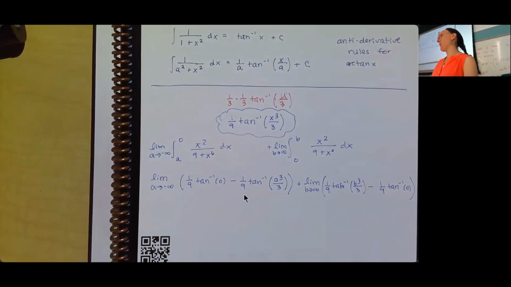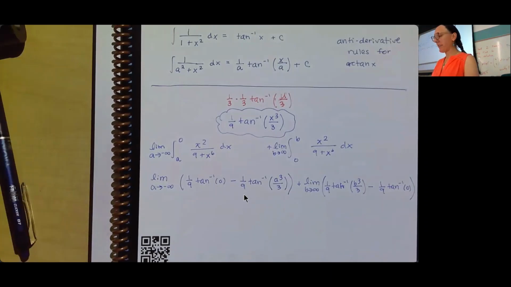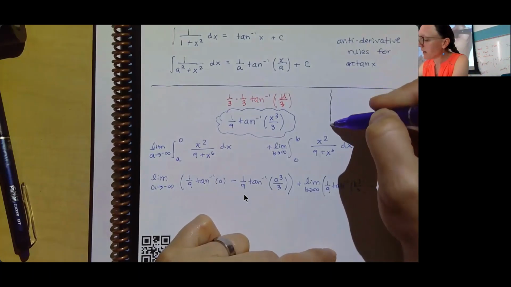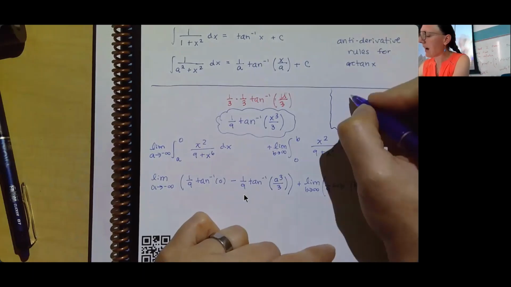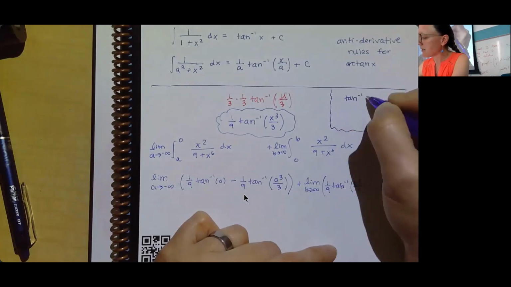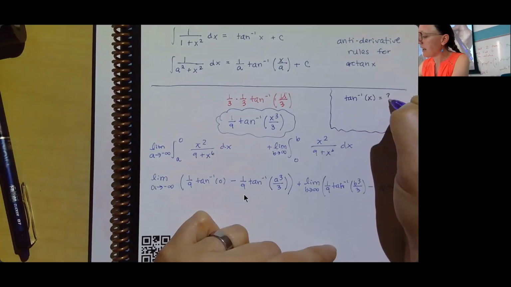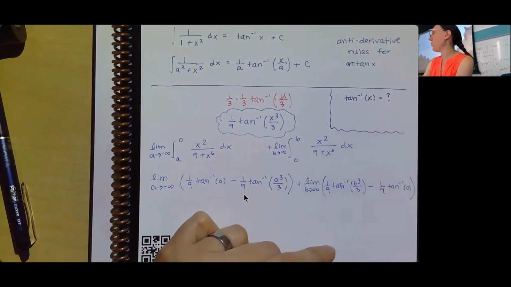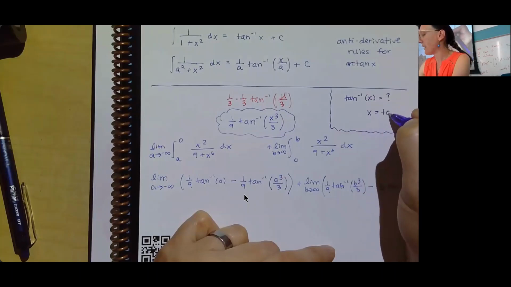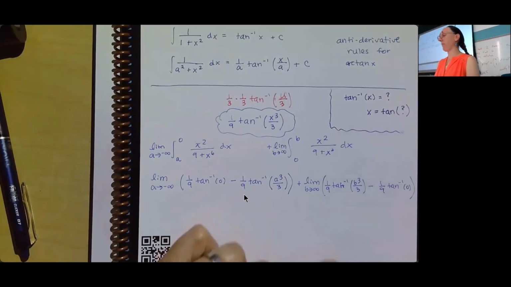Now we have to know some things about arctan. I don't think very well in arctan, but if you are good with what the graph of arctan looks like, awesome. When I think arctan, I'm really coming back to: if I have tan inverse of x and I don't know what that's equal to, the other way to think about this is that x is equal to tangent of what angle?